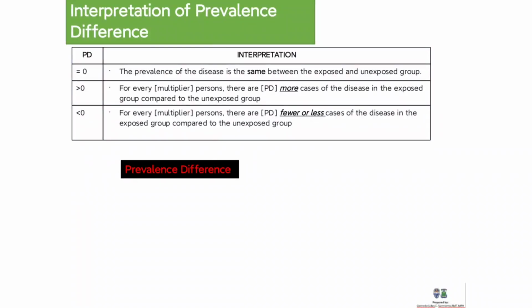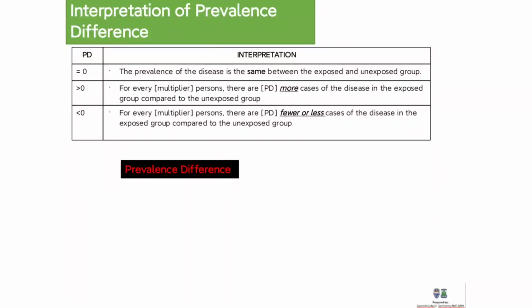So again, for every blank persons, there are blank fewer, or yung computed prevalence difference mo, fewer or less cases of the disease in the exposed group compared to the unexposed group. Now, pag minsan, kasi dito sa less than 0, usually ang answer dyan would be 0 point something, ganun.